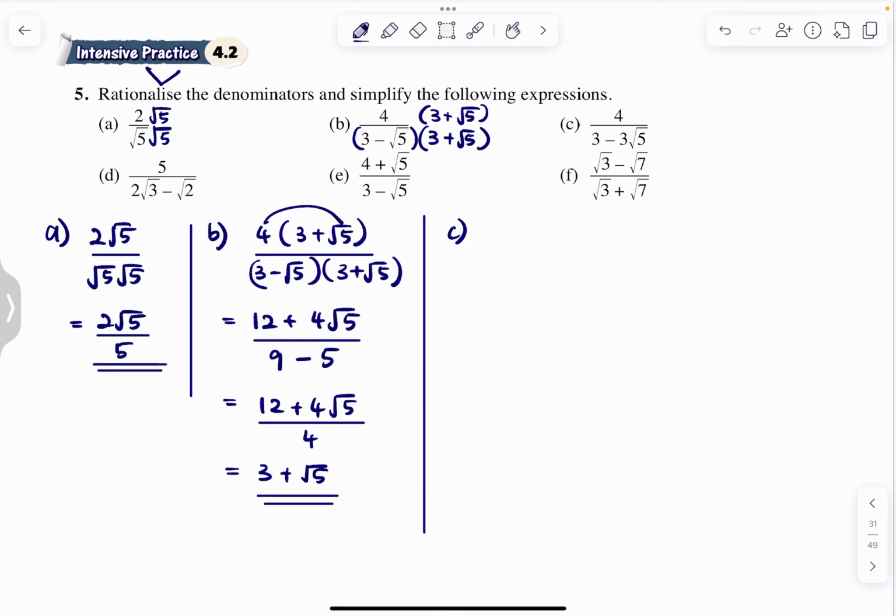C. Same thing, complex conjugate. So if this is 3 minus 3 surd 5, the conjugate will be 3 plus 3 surd 5.